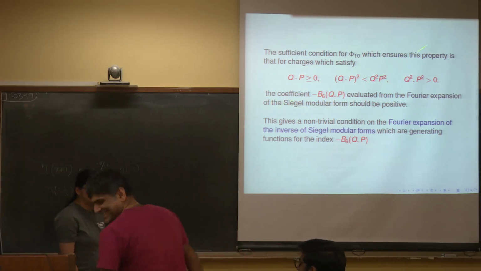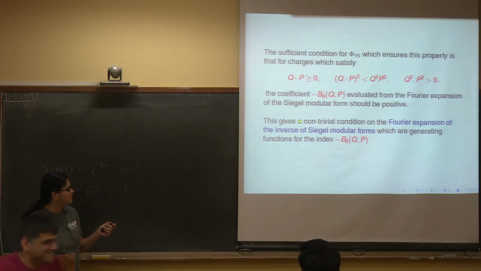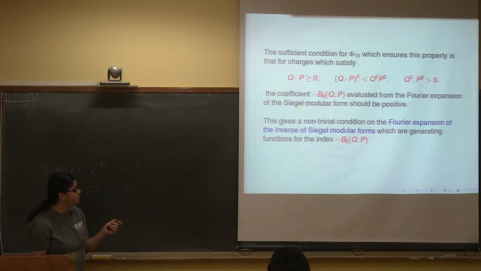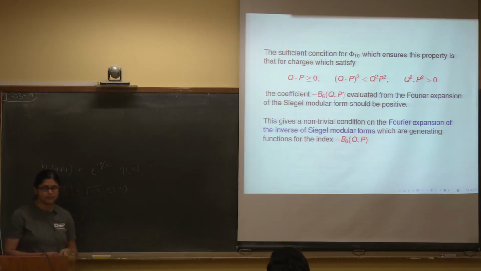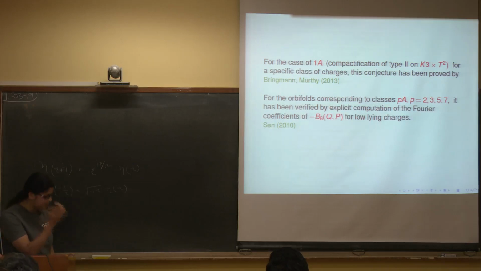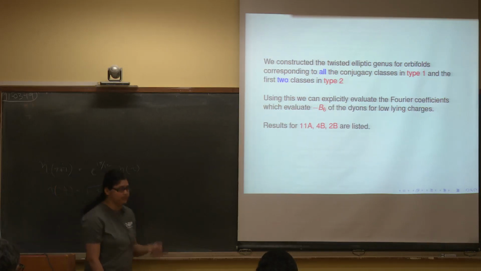Then this minus B6, evaluated from the Fourier expansion of the Siegel modular form, should be positive, and not for phi 10, but for certain objects we did see some violations to that. For the K3 case, for low-lying magnetic charges p squared equals 2 and 4, this conjecture was proved by Brinkmann and Murthy, and for the orbifolds of 2, 3, 5 and 7, Ashok verified it for low-lying coefficients that minus B6 did turn out to be positive.